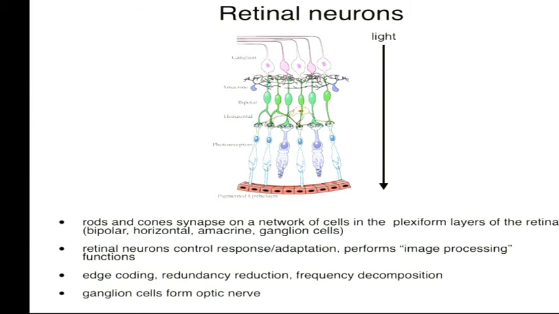It performs image processing functions like you were talking about, edge detection, or something like edge detection, and multi-frequency decomposition. So you get different size receptive fields coding for different scale features in the image, all this kind of stuff. And we'll talk a little bit about that. Okay. So I'm assuming all this is familiar. This is all review.